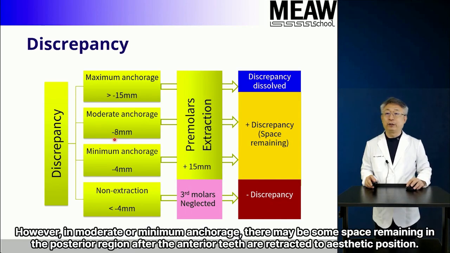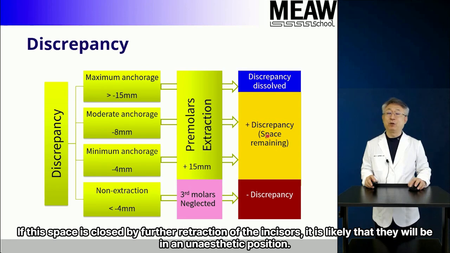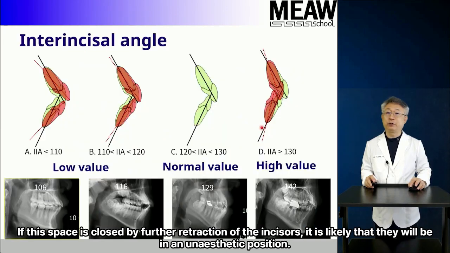However, in moderate or minimum anchorage, there may be some space remaining in the posterior region after the anterior teeth are retracted to aesthetic position. If this space is closed by further retraction of the incisors, it is likely that they will be in an unaesthetic position.